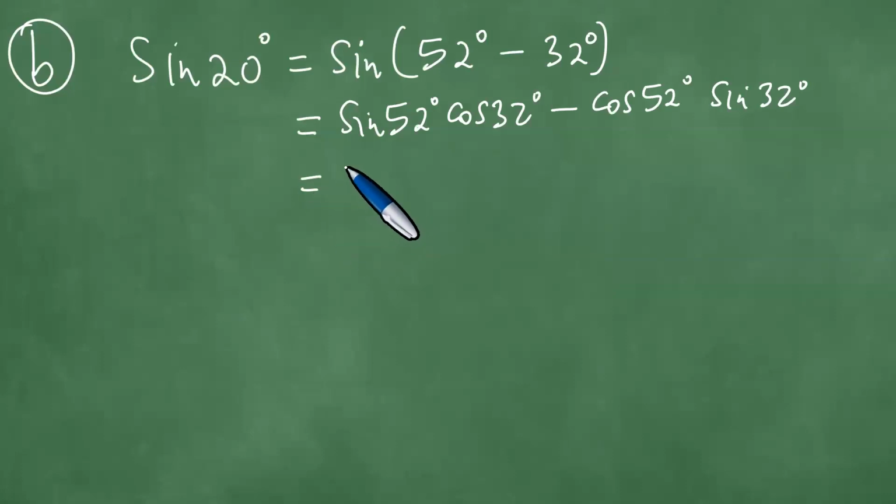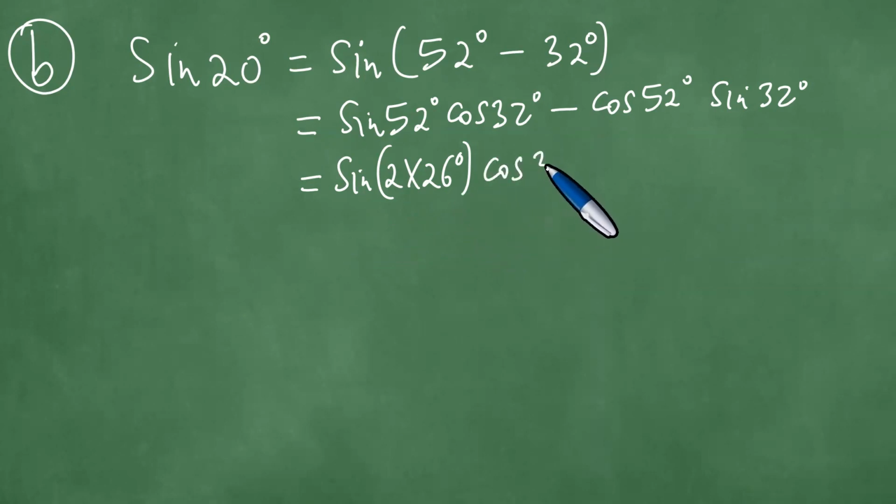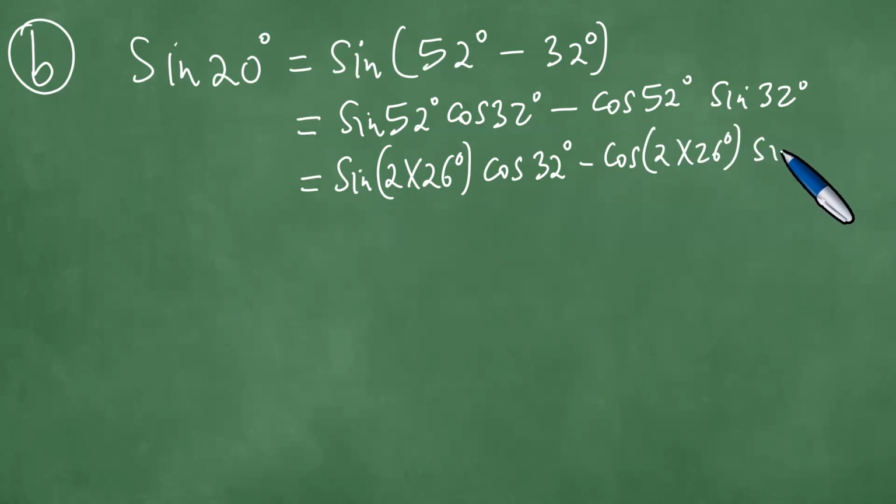So what is this? This is exactly the sine of 2 times 26 degrees, and here we keep the cosine of 32 degrees, minus the cosine of 2 times 26 degrees multiplied by the sine of 32 degrees.